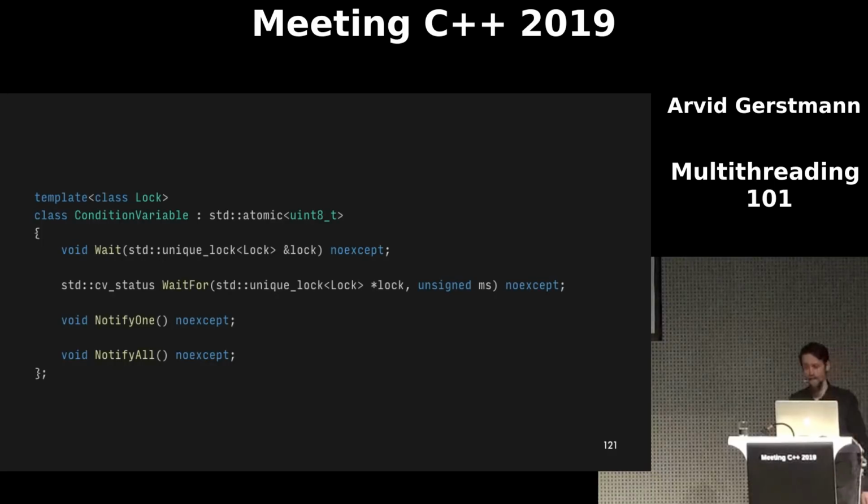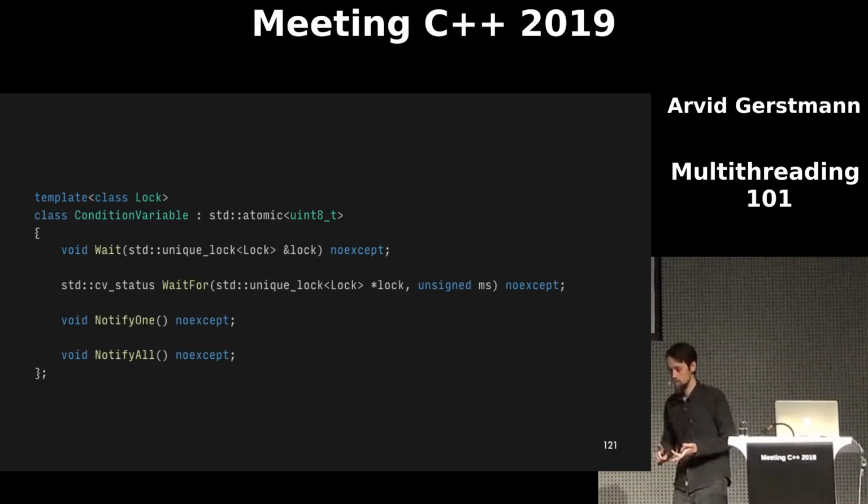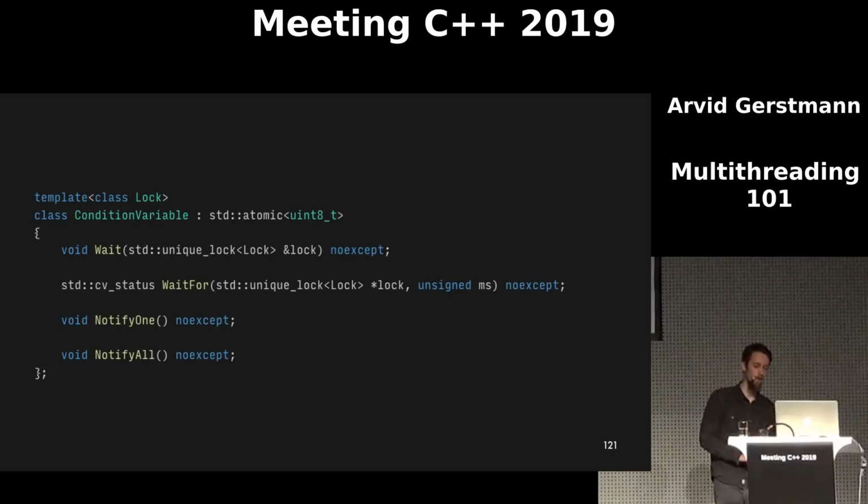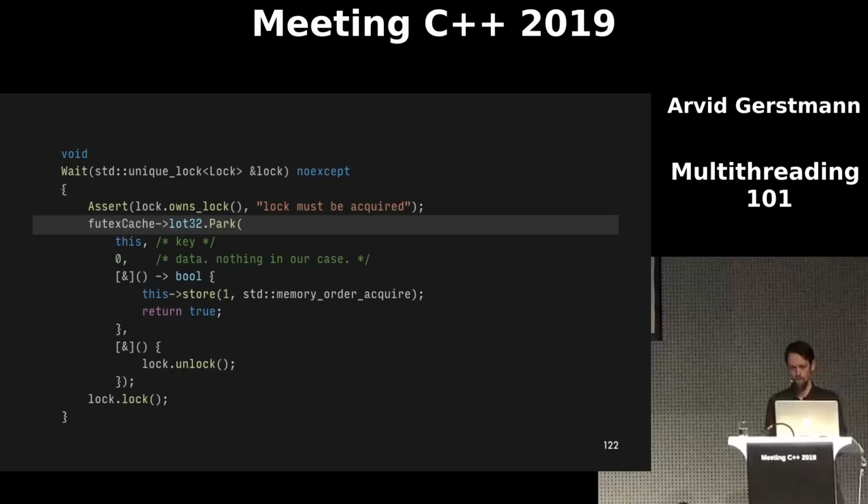Yeah. Anyway, let's continue. So this is the standard condition variable interface: wait, wait for, notify one, and notify all. Simple. So let's have a look at wait. Wait is just largely parking the thread.